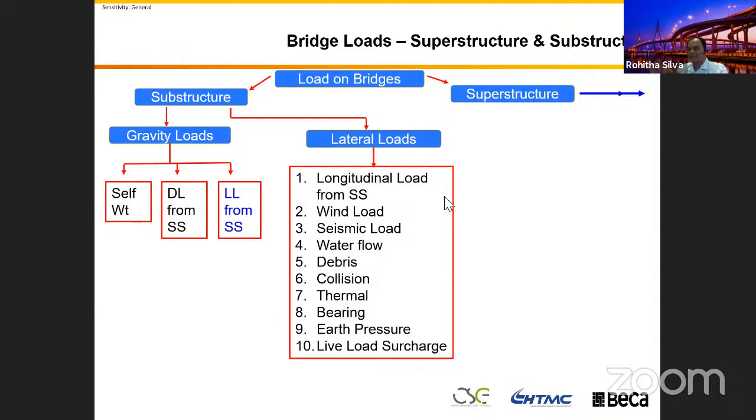In addition to that, for the lateral loads, you get the forces translated from the bearing to the substructure. And then, of course, wind, seismic, water flow, debris, collision, thermal, braking, earth pressure, live load surcharge, all produce lateral loads on the bridge.